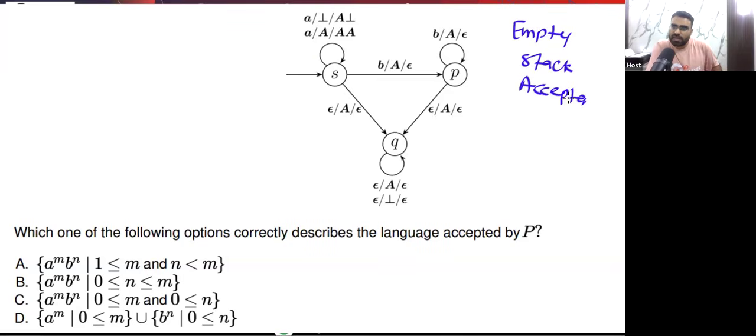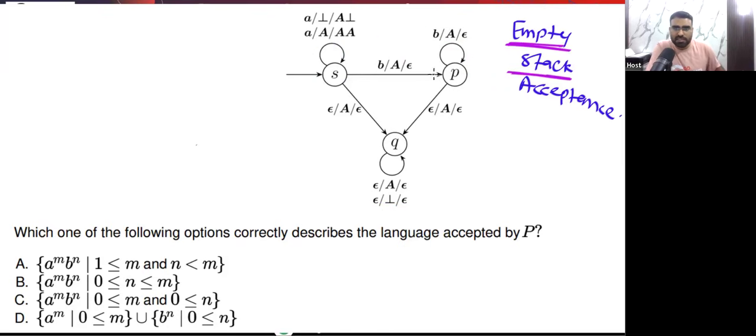Empty stack acceptance. Okay, so let's see here. You can see this is the initial state. Tell me for which strings the stack will become empty. Very simple question I'm asking. Don't worry about the state. Remember, state does not matter. There is no final state here. Just focus on empty stack.